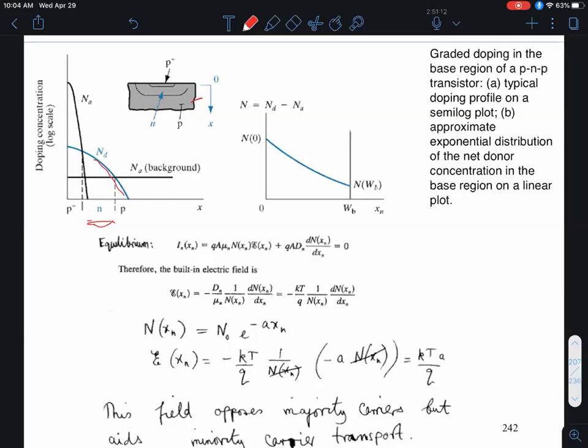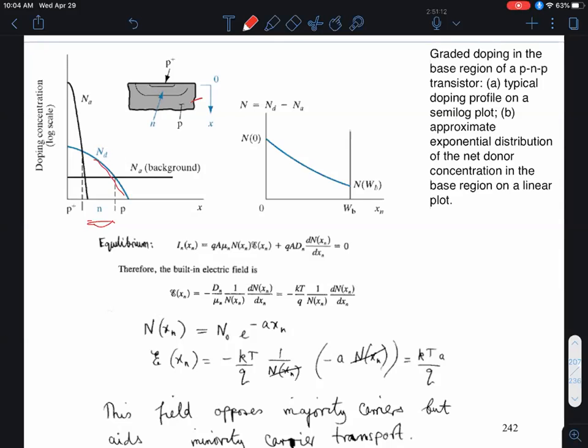Now, if I was to approximate that not as a curve like this, which is curving upwards, but just to simplify the math, as an exponentially decreasing function as shown on the right hand side, okay? I choose that approximation because I can then come up with a simple analytical formulation, okay? What impact does this variable base doping have on the transport?